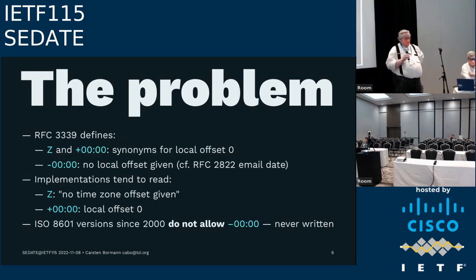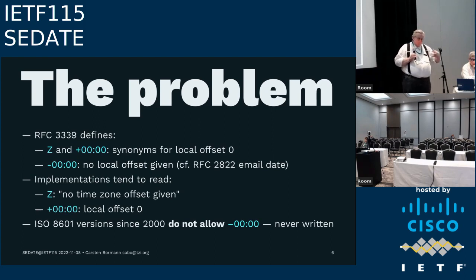So the problem is that RFC 3339 defines the ISO 8601 Z suffix and the +00:00 as synonyms for a local offset hint of 0 minutes. So you are on UTC, but you are not only on UTC.